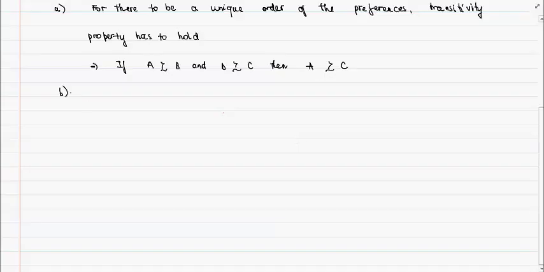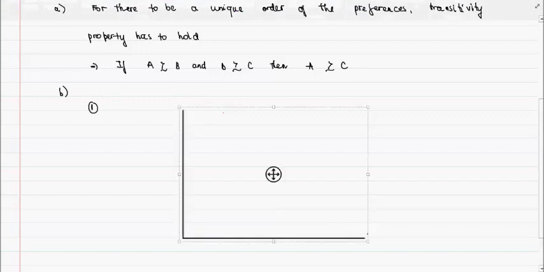Okay, so part B is asking you to sketch 2 diagrams indicating the preferred sets of C and B in the 2 cases. We're going to do the first case. First of all, we would like to draw the preferred sets of B and C, and then we are going to allocate bundle A in a different case. So I have C over here and B over here, with 0. When we talk about the preferred set, we're talking about the indifference curves.